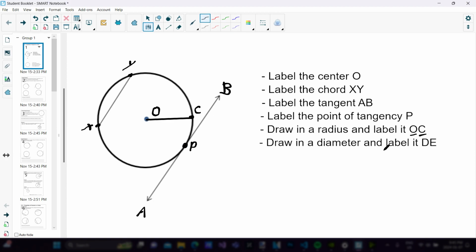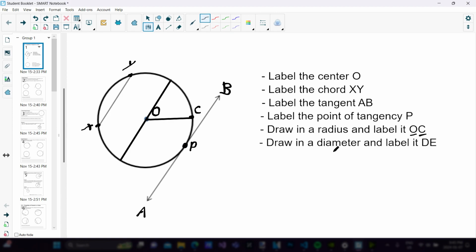And draw in the diameter and label it DE. So we can draw in a diameter. A diameter starts at any point on the circle, and as long as you go right through the center and touch the other side of the circle, you have a diameter.